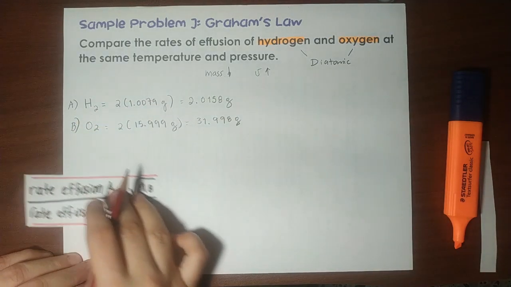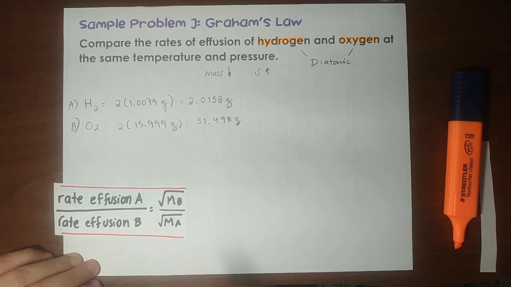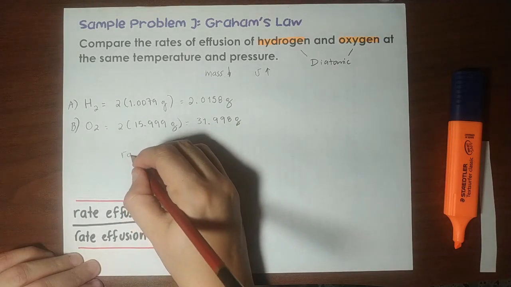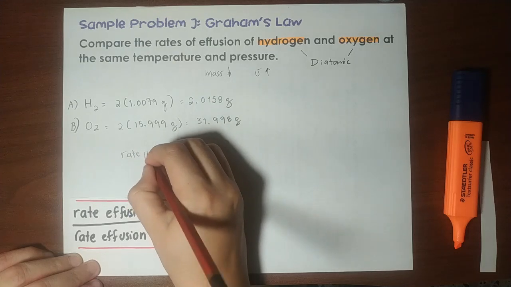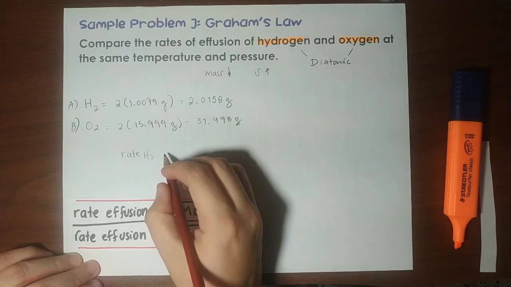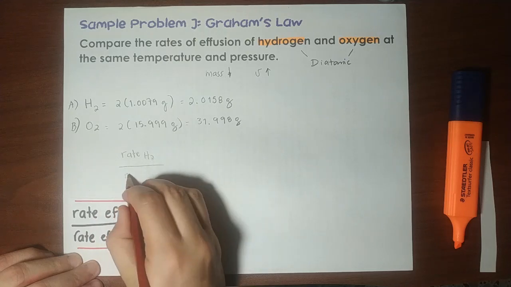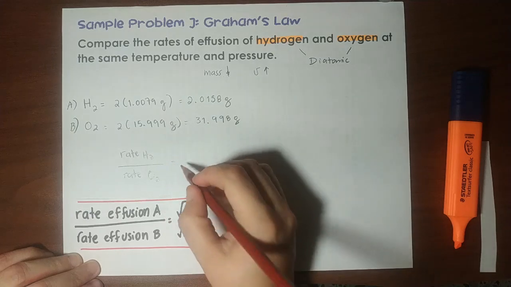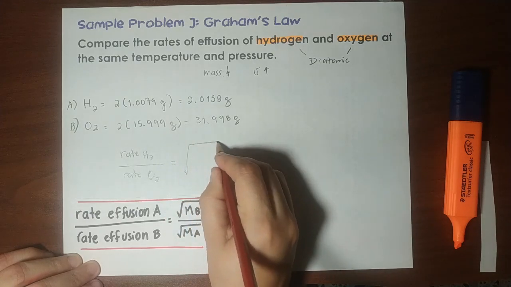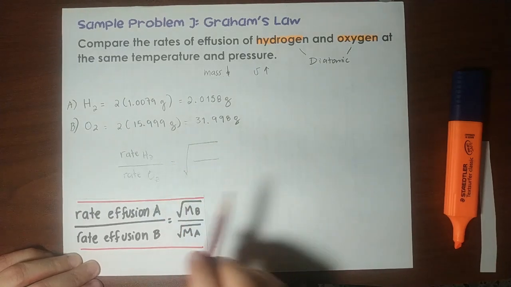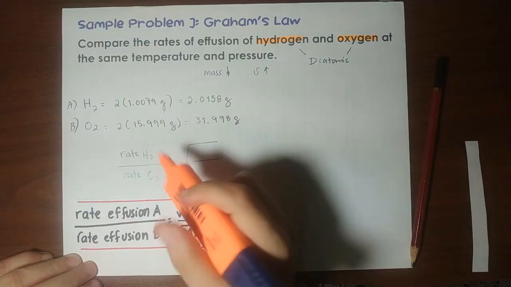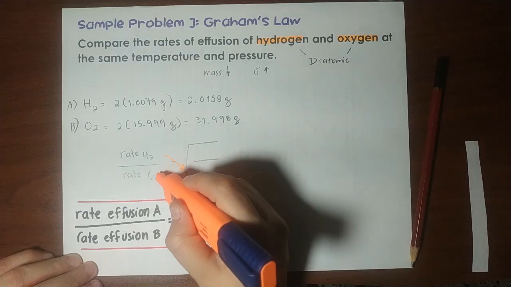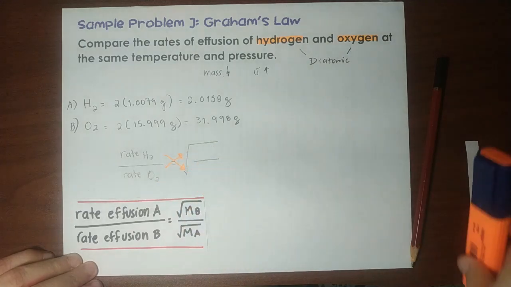If I want to know the rate of diffusion of hydrogen, it will be the rate of hydrogen divided by the rate of oxygen. This will be equal to the square root of, now take a look here, the one on the top is the one that will have the molar mass below, and the one below is going to have the molar mass on the top.